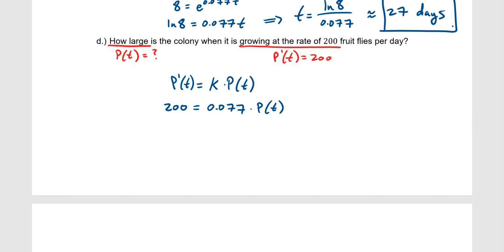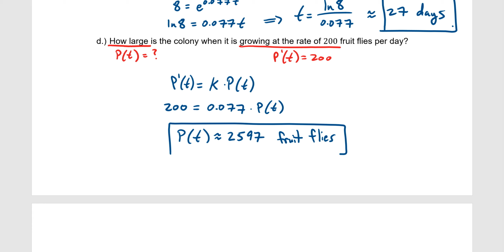All we have to do is divide both sides by 0.077. 200 divided by 0.077 is going to give us about 2,597, and this is fruit flies. And then we just go back and make sure the answer makes sense. So the colony is at 2,597 when it is growing at a rate of 200 fruit flies per day.